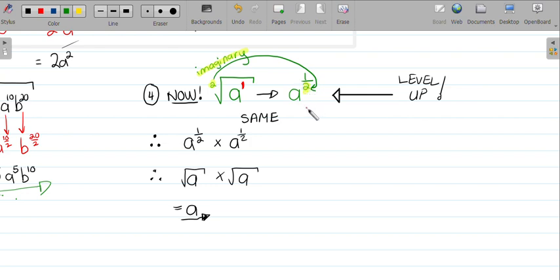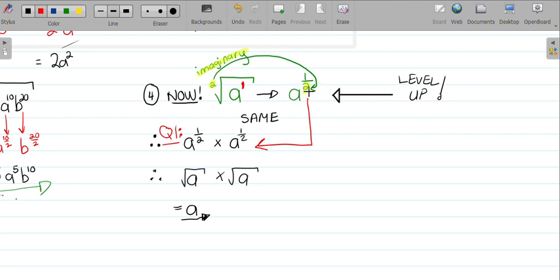So, Mr. Hing, what does that actually mean? Well, guys, have a look at this beautiful thing called maths. Let's say, for instance, I have this as a question. Let's say this is question 1 in your test: a to the power of a half times a to the power of a half.